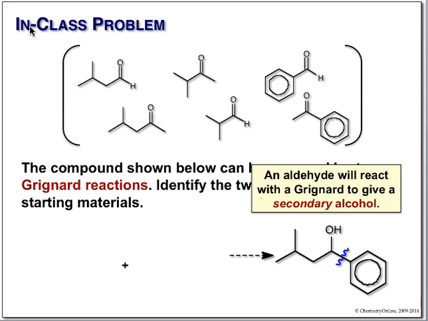The aldehyde must have a 1, 2, 3, 4 carbon parent. And in carbon 3, we must have a methyl group. From the selection, this guy up here is a methyl group. Our Grignard is simply the other half, and that is our phenyl group.